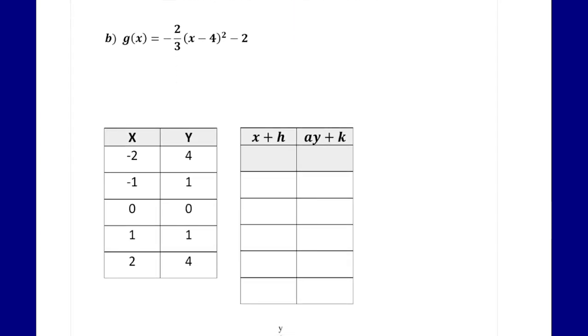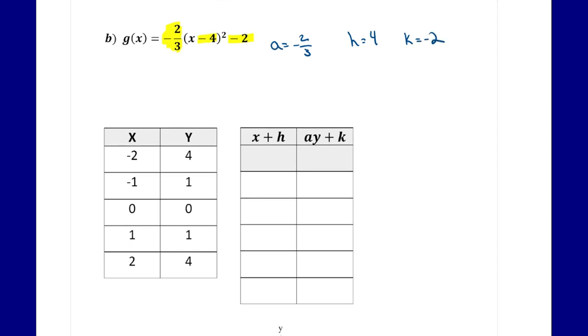Again, the next one is going to be the same idea. We want to find our parameters, our a, h, and k, using that general notation to help figure that out. Here we have an a value of negative 2 over 3, an h value of positive 4, again opposite of what we see, and a k value of negative 2.